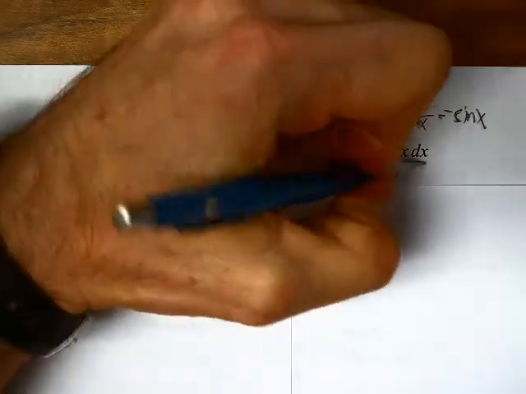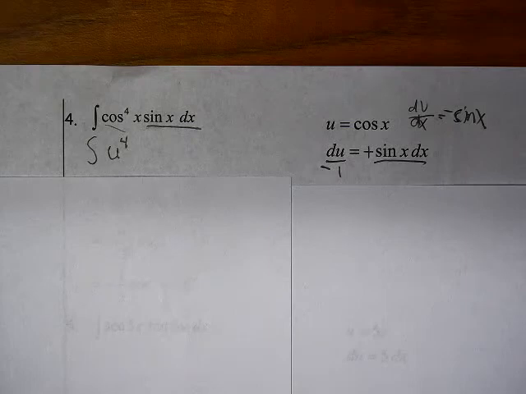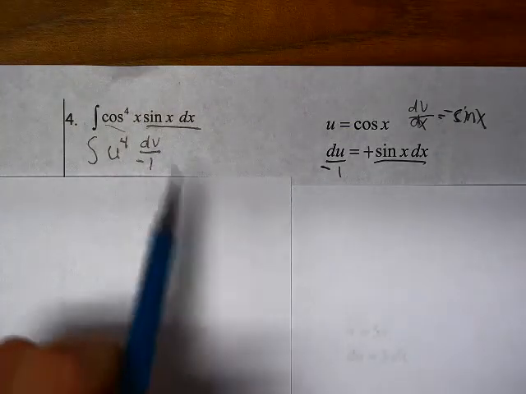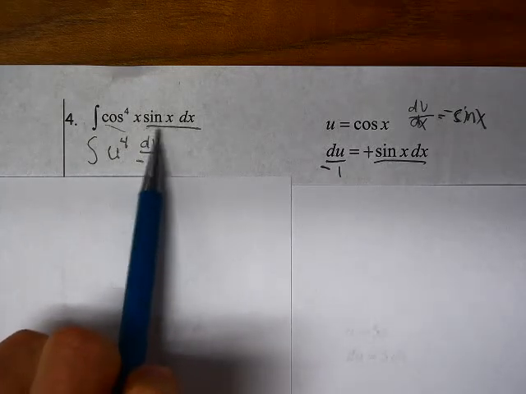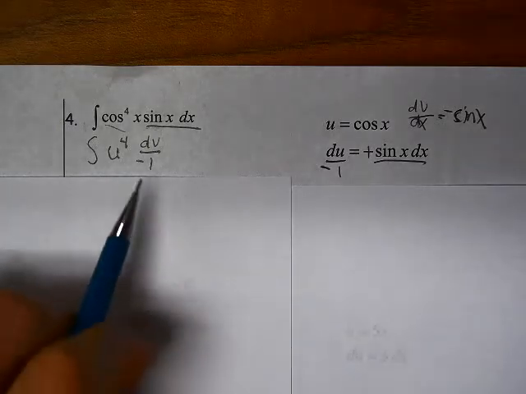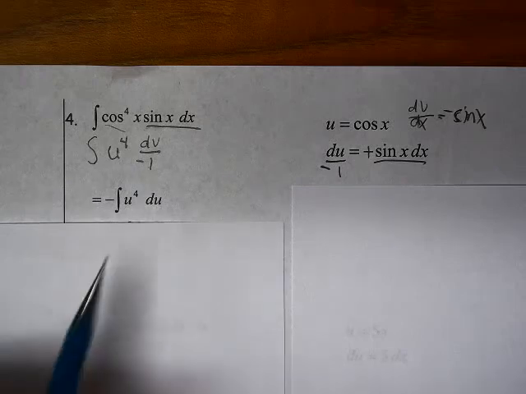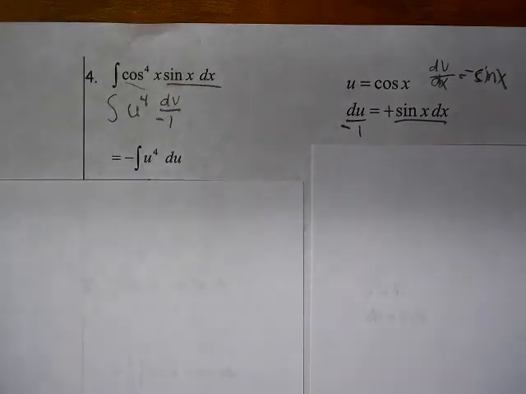So now I have sine x dx is equal to du over negative 1. So the sine x dx is replaced by du over negative 1. I'm making just a substitution for sine x dx. Here I have that. And then dividing by a negative 1 is just like multiplying by a negative 1, so I can factor that negative 1 out. And this is my new integrand.